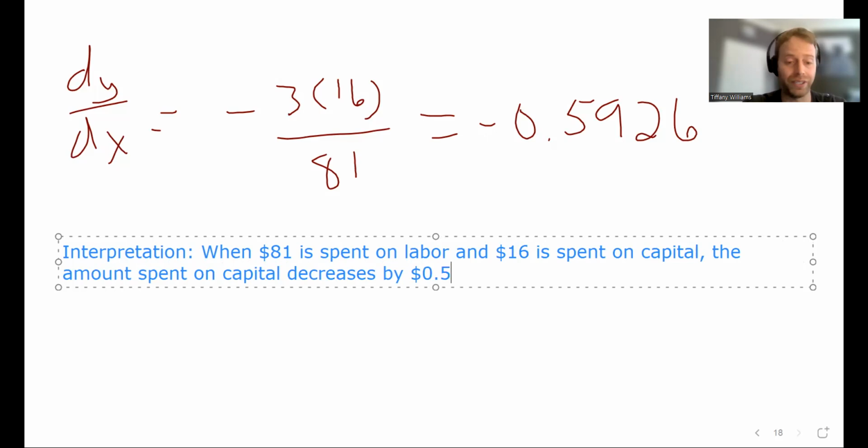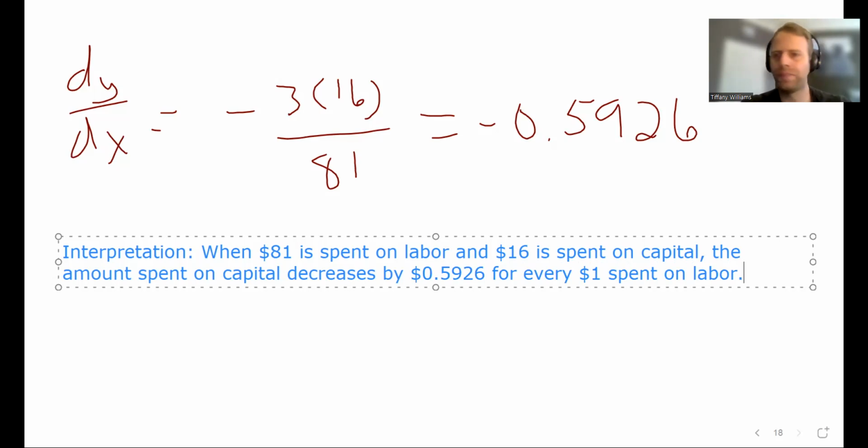At least 59.26. So the amount spent on capital decreases by 59.26 cents for every dollar spent on labor. So at this very point, for every dollar increase in labor, the amount on capital goes down by about 59 cents. That's what this is saying. So that's the interpretation of what you just found, right?